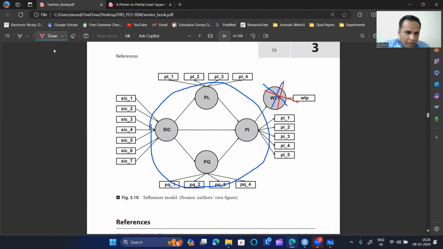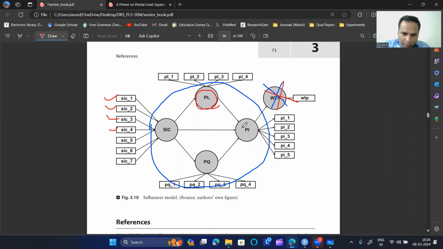By the way, if you focus on SIC, it is the indicators which are causing the construct. See the head of the arrow: the head of the arrow is from the manifest variables or indicators to the construct. Now, if you focus on PL, the arrow is from the construct to the indicator.